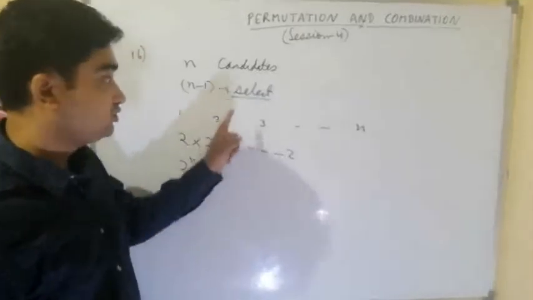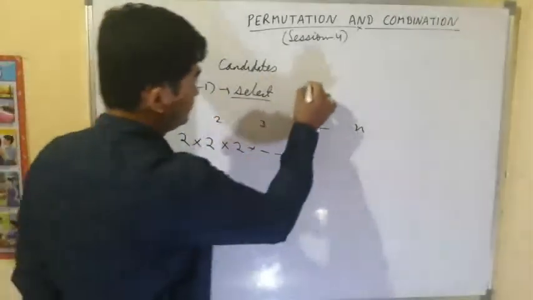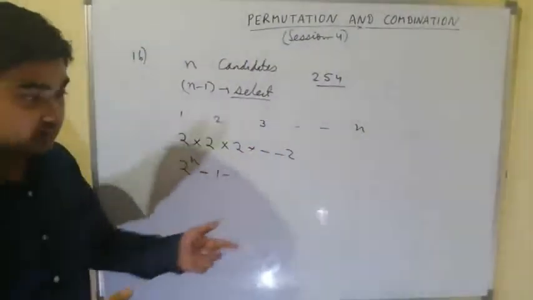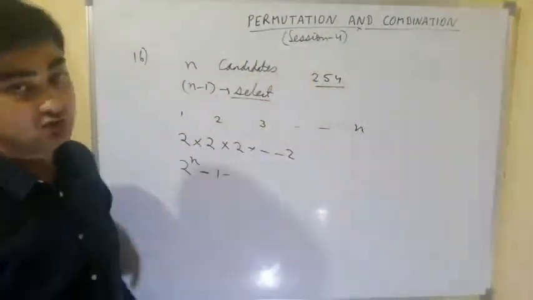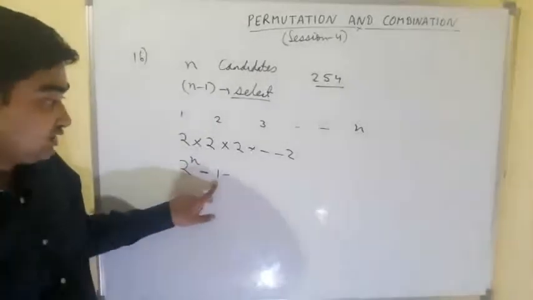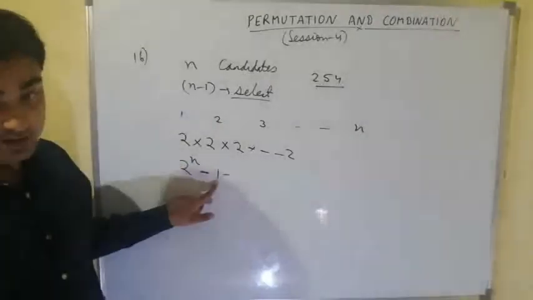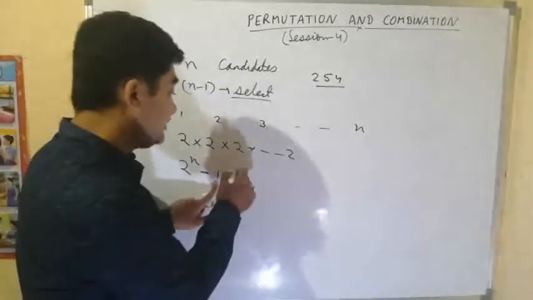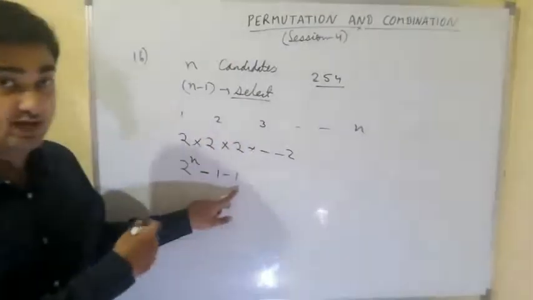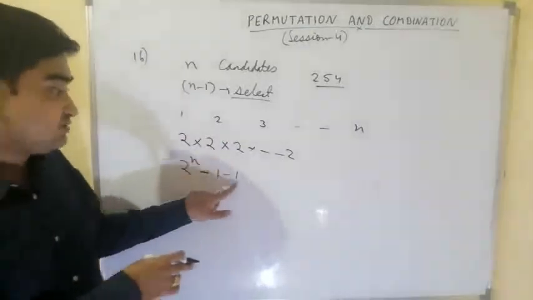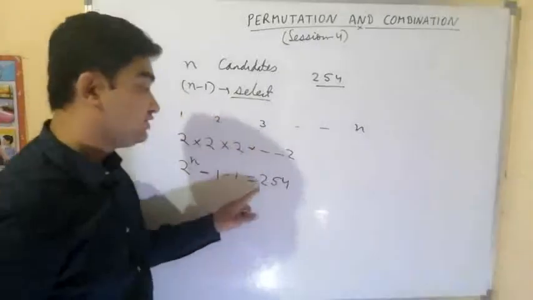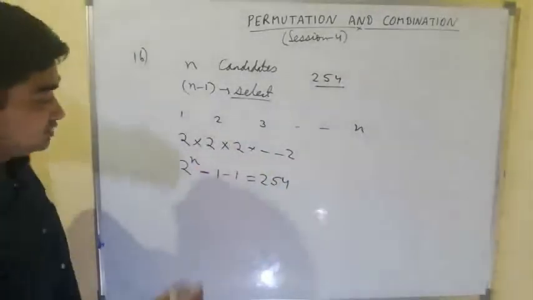You can cast your vote in 254 ways. So minus 1 for the case where he is casting a vote for every candidate, and minus 1 for the case where he is not putting any vote. This is equal to the number of ways he can cast the vote, which is given as 254.